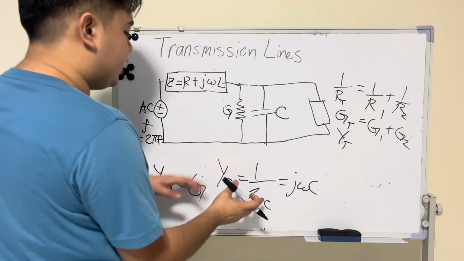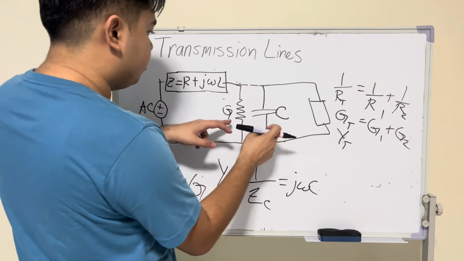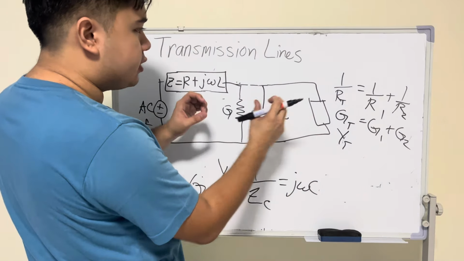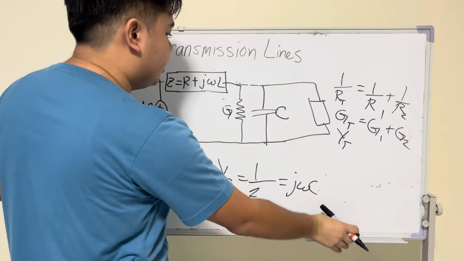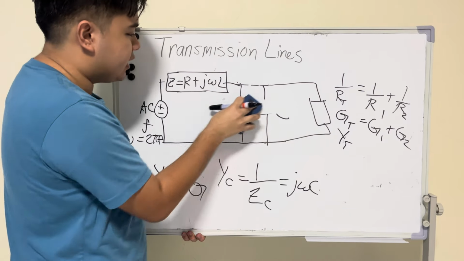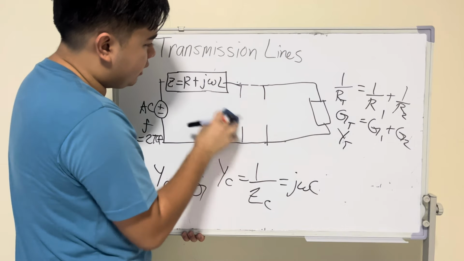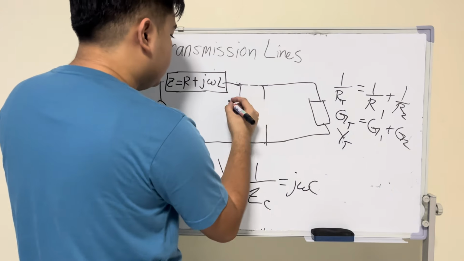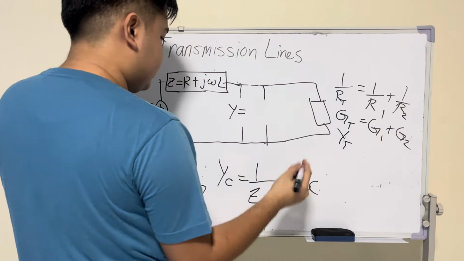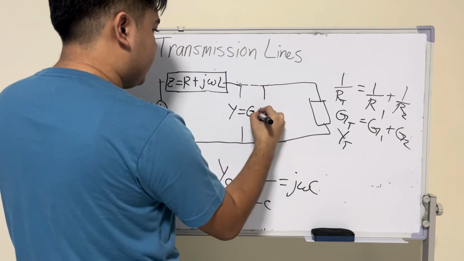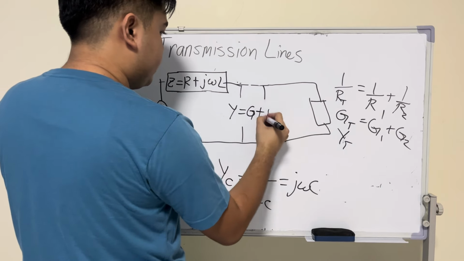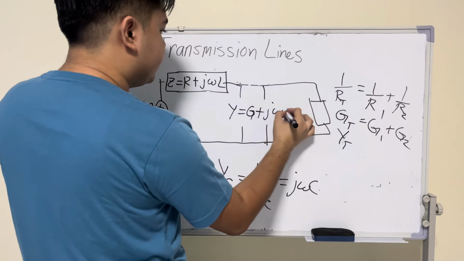Now we have the admittance of these two, and since they're parallel, we can add them together and we get the total admittance of this second part: Y equals G plus j omega C.